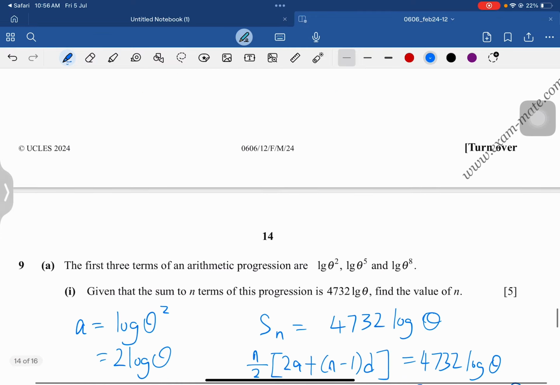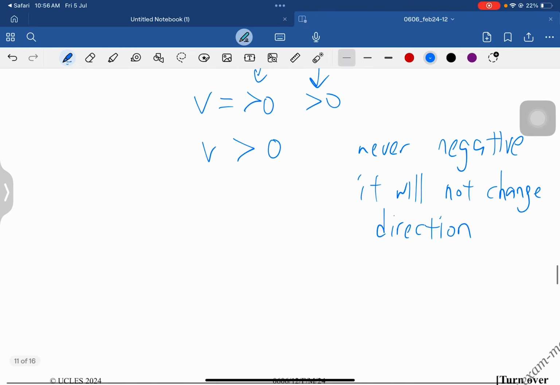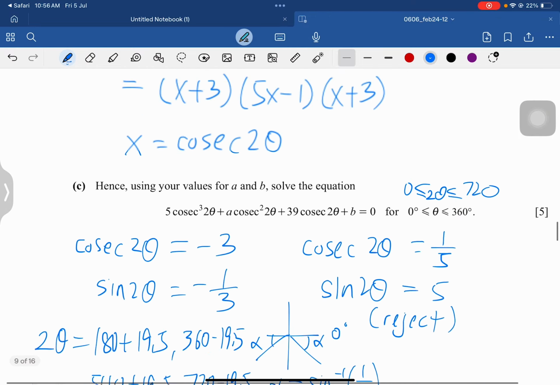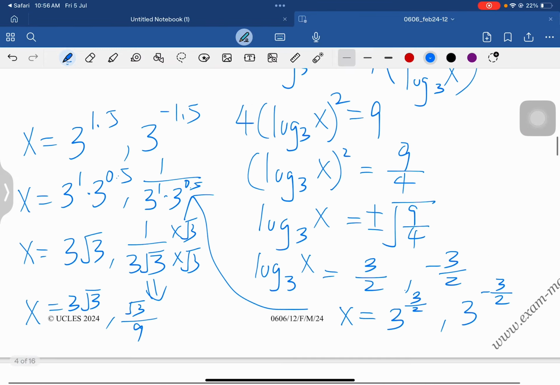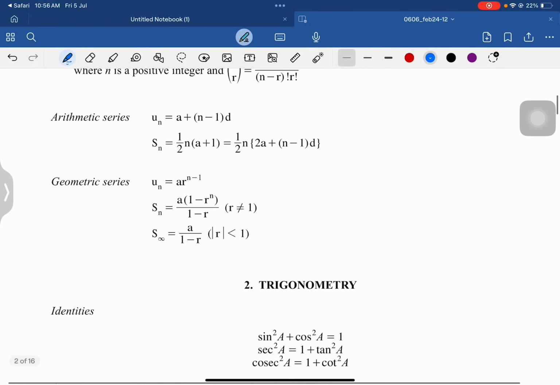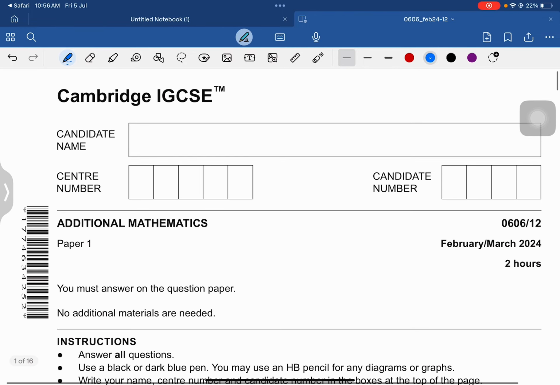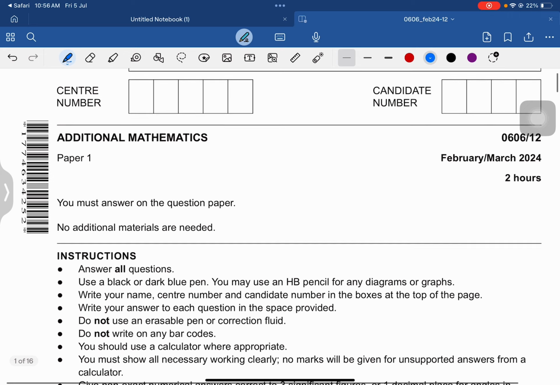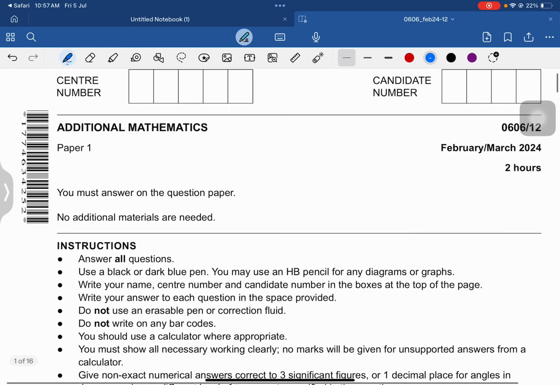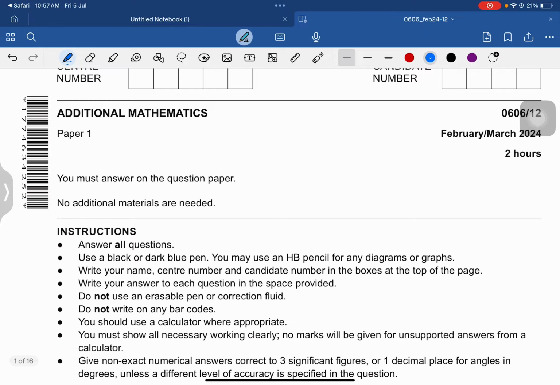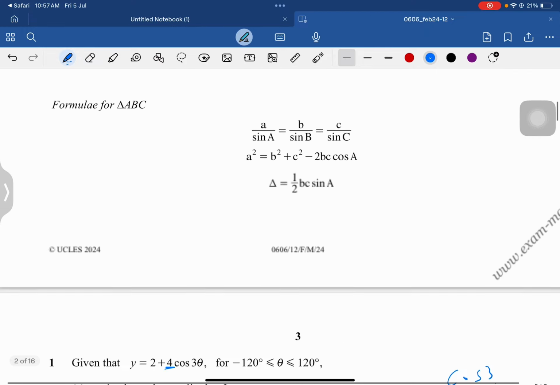Let me have a look whether the calculator is usable or not. Yeah, this one able to use calculator.